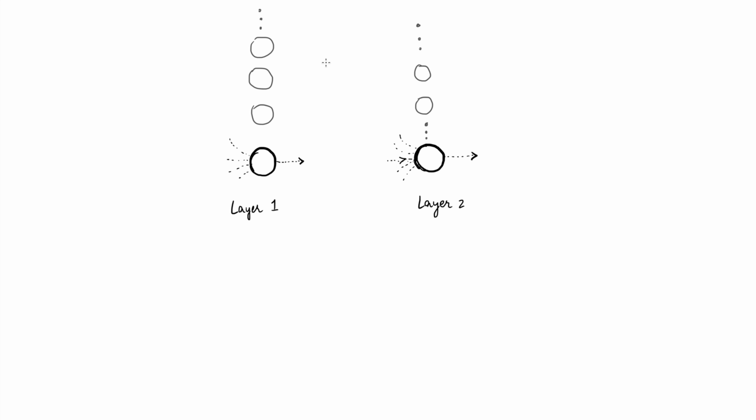Now let's try to understand how we could represent a neural network in terms of matrix multiplications. Now let's consider two layers consisting of several neurons. Layer 1 can have k number of neurons, and layer 2 could have j number of neurons.